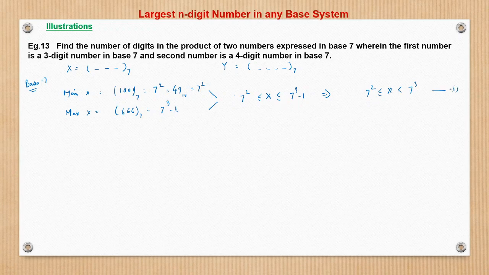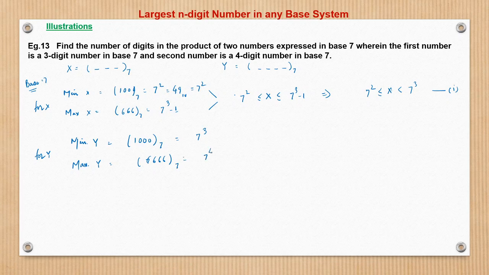Now for y, the minimum y, as y is a 4-digit number, would be 1000 in base 7. That is nothing but 7 cube. And maximum y is 6666 in base 7.